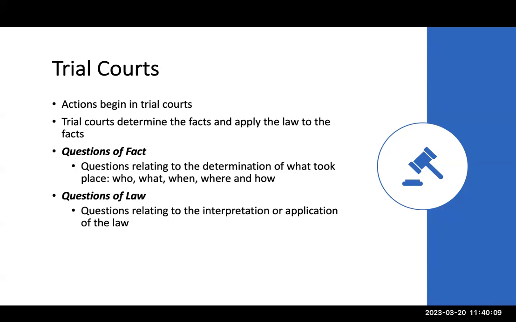So we break down these 2 functions into questions of fact and questions of law. Questions of fact relate to the determination of actually what took place, who did it, what was done, when was it done, where was it done, how was it done. In contrast, questions of law relate to the interpretation or application of the law.